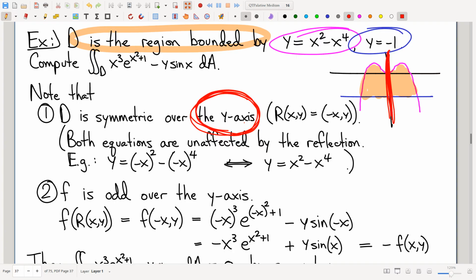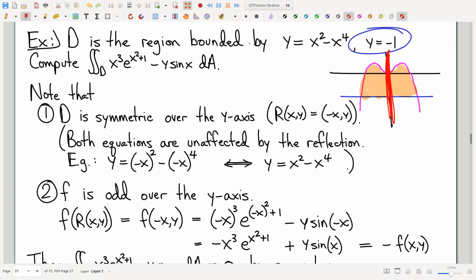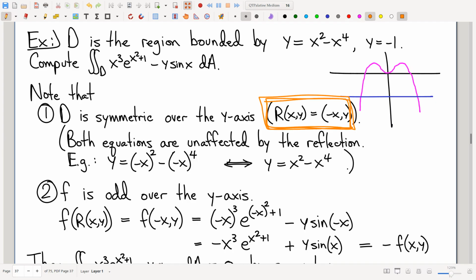Okay. Now, how do we do the reflection? This is going to matter. I'm going to try to tidy up my picture a little bit here. Okay, that'll be fine. How do we do the reflection? Claim: this is the formula for the reflection. Keep in mind, if you're reflecting over the y-axis, this is what the reflection looks like.